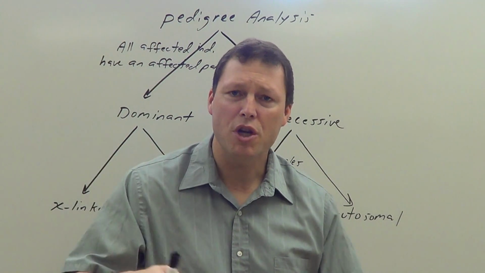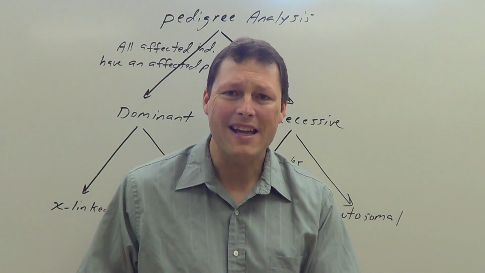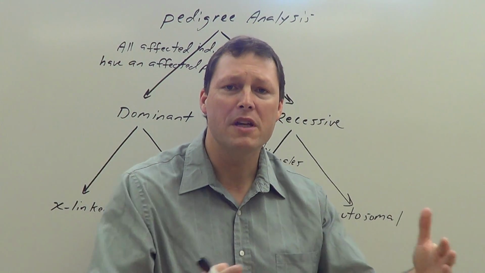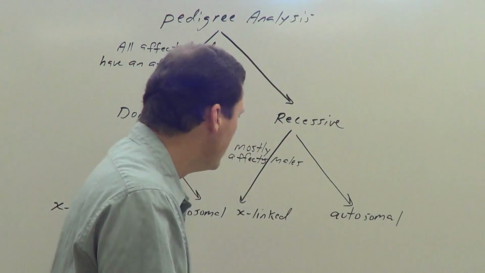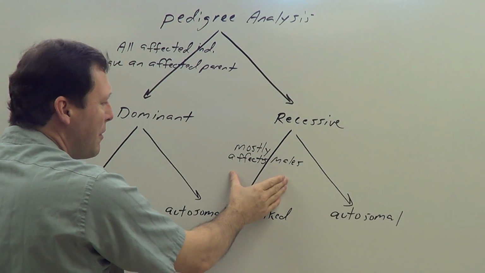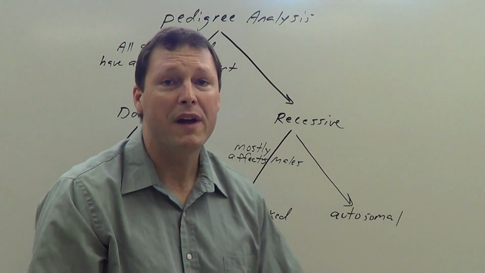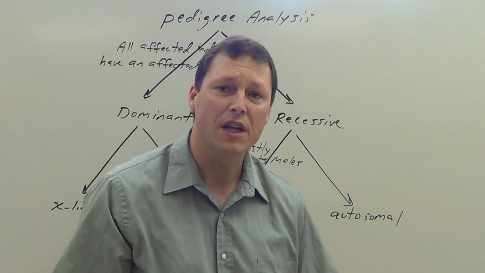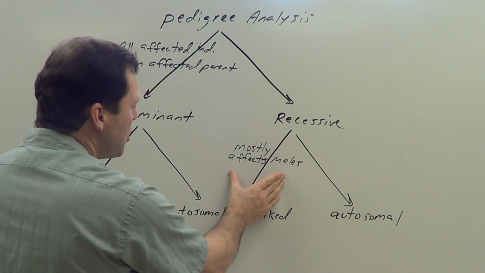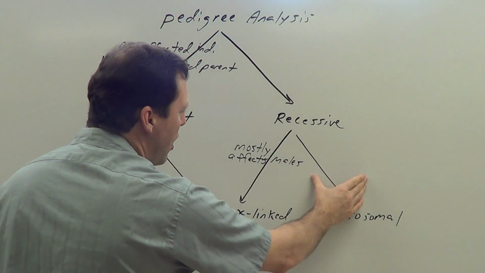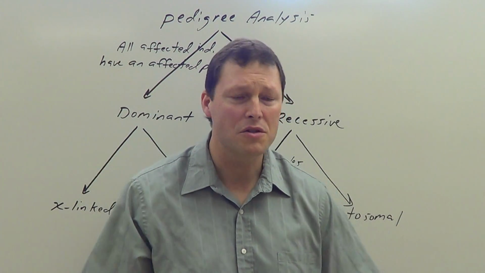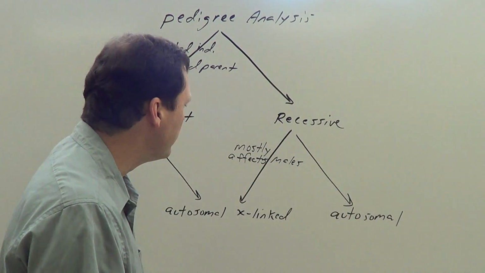So if they get a bad gene, for example, color blindness on the X chromosome, chances are the other gene on the other X chromosome is going to be good. So if it's X-linked recessive, it typically mostly affects males. It will affect females if they have two bad genes on the X chromosome, which is rare but can happen. If it doesn't mostly affect males, then we're going to assume that it's autosomal. So if it affects around 50-50, plus or minus, we're going to go with autosomal.